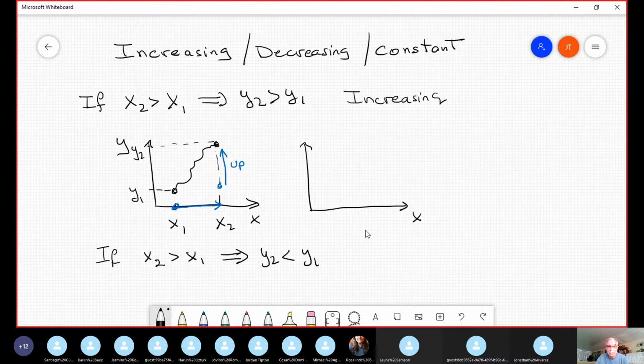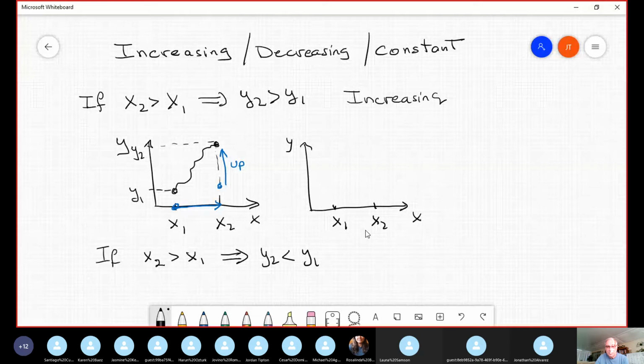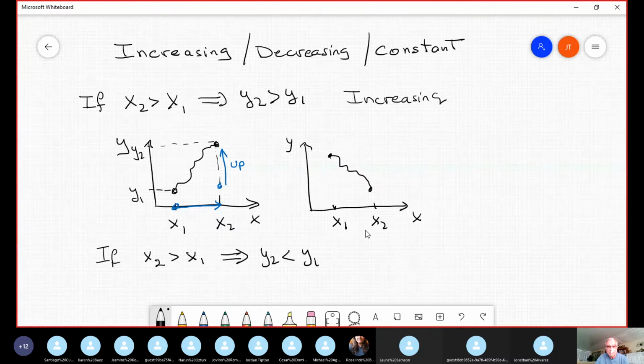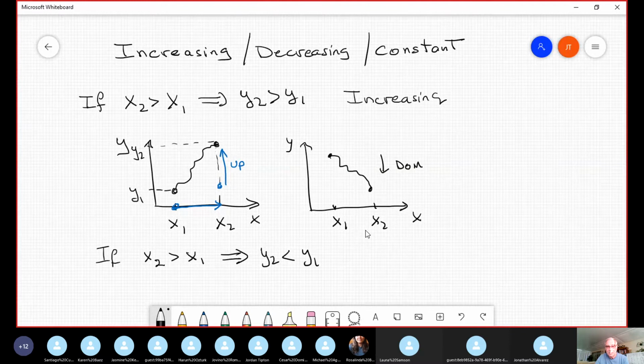We have a point x1 here and the point x2 here. Suppose x2 is always bigger than x1. However, the y has a different situation. Suppose like that, it's going down. It's going down. Therefore, decreasing.